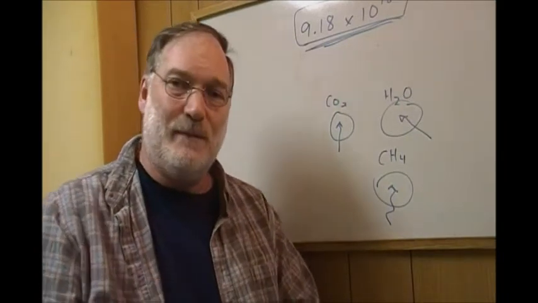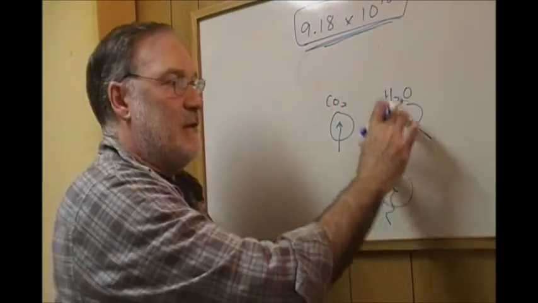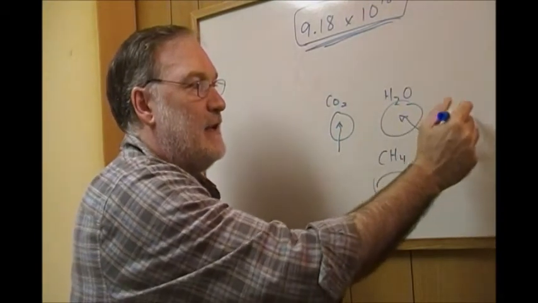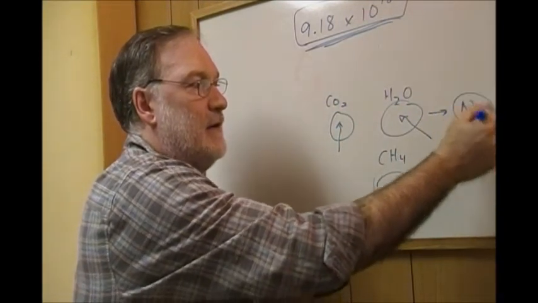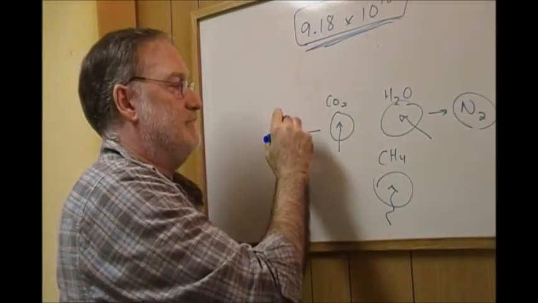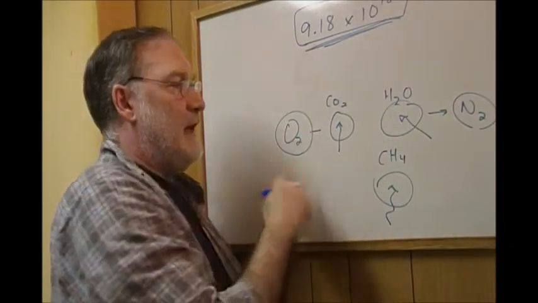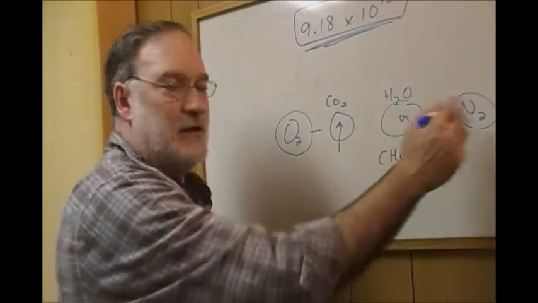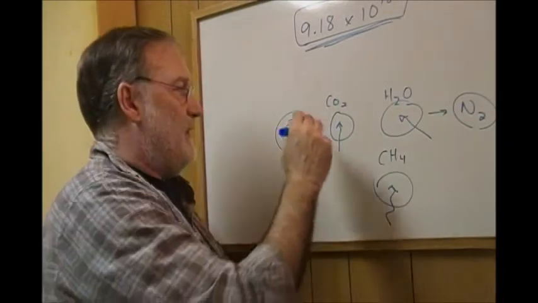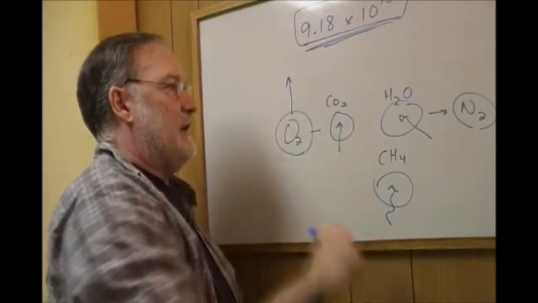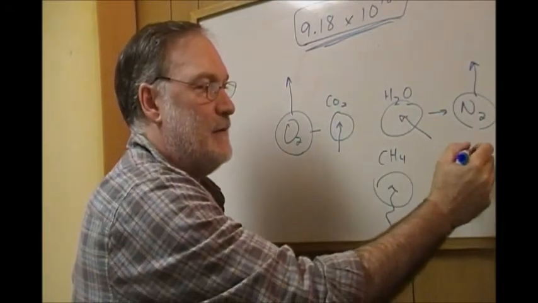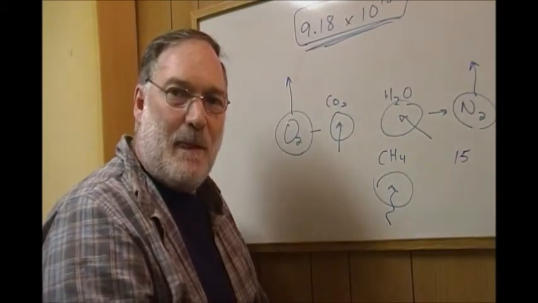That means that when these absorb radiation and warm up, they immediately share that heat with nitrogen and oxygen and any other gas that they happen to bump into. They immediately share that heat with those, and then those give off the radiation. They don't necessarily give it off at the 15 micrometer wavelength.